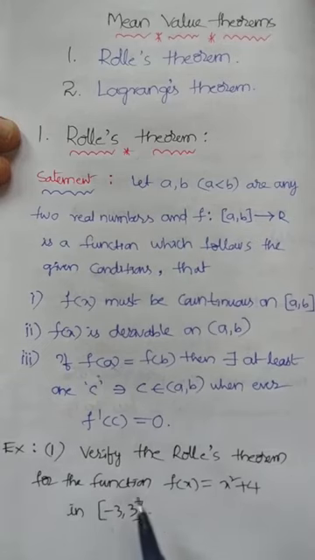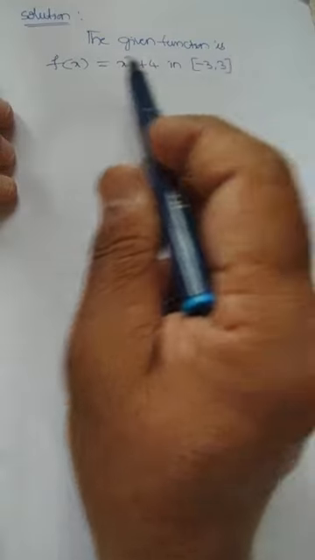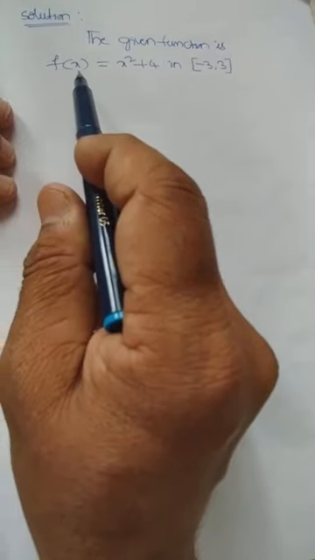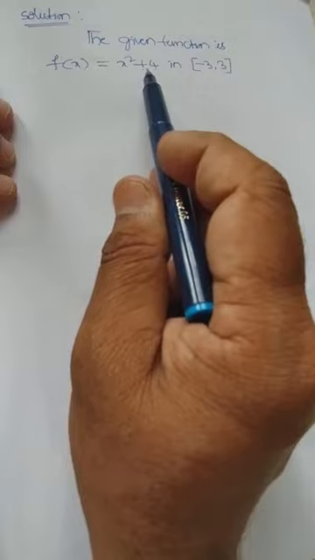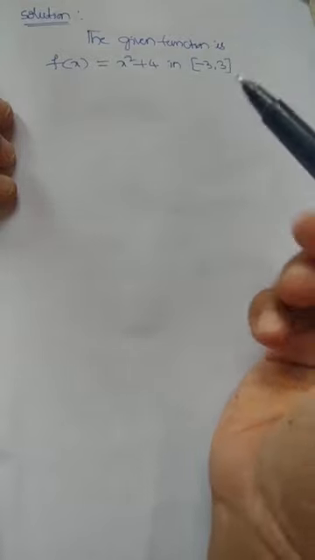Let us see one example problem to verify Rolle's theorem. Our problem is: verify Rolle's theorem for the function f of x equals x square plus 4 in the closed interval [-3, 3]. Now for the solution, the given function is f of x equals x square plus 4 in [-3, 3].